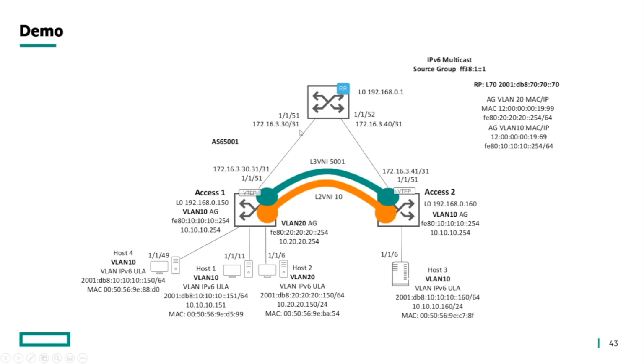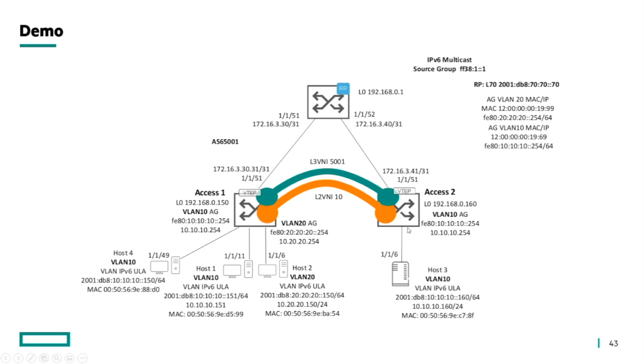So now I'm going to go on to a demo. Hopefully you're all familiar with this diagram. I'm going to have a multicast source FF3811 and I've got an RP loopback 7, which you recognize with 70-70-70.